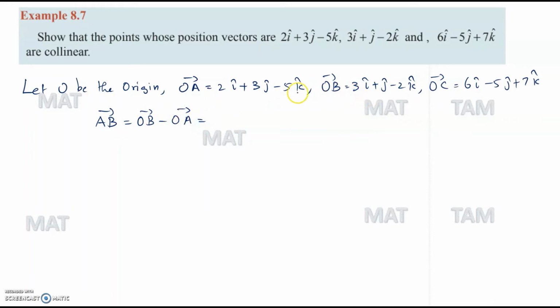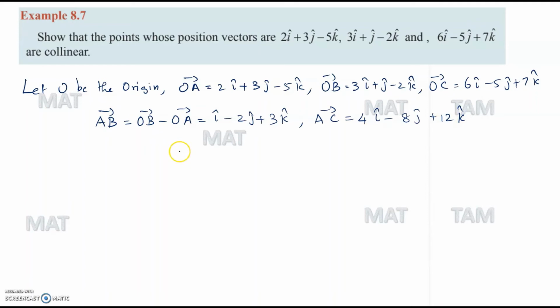So subtracting OA from OB, you get 3 minus 2 is 1, so i cap, 1 minus 3 will be minus 2j cap, and minus 2 plus 5 will be plus 3k cap. Similarly, our vector AC can be written as 6 minus 2 will be 4i cap minus 8j cap and plus 12k cap.